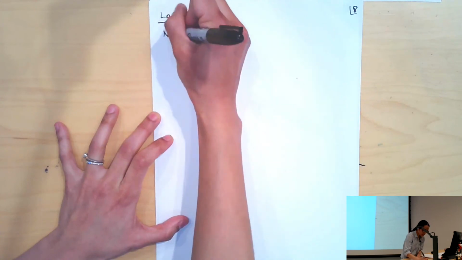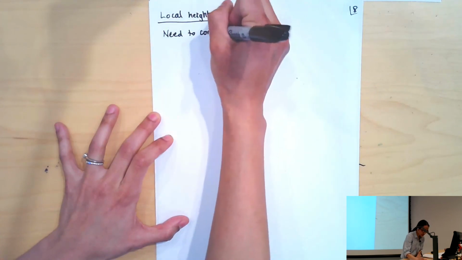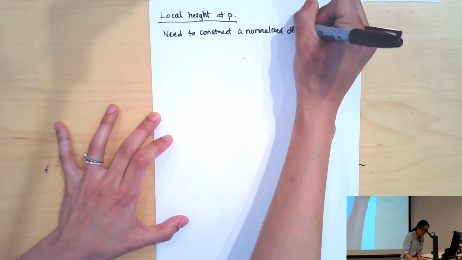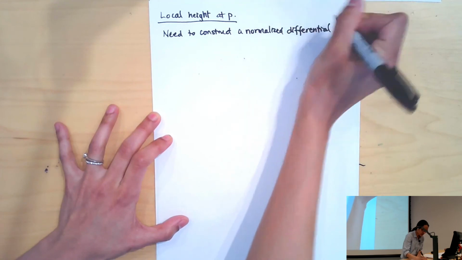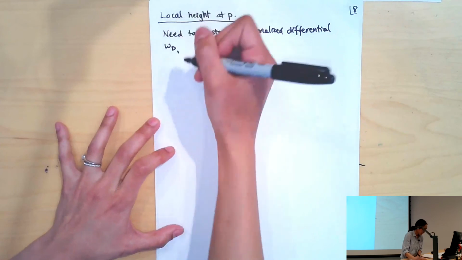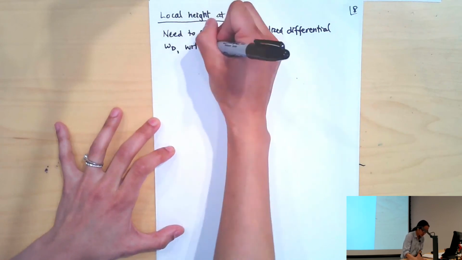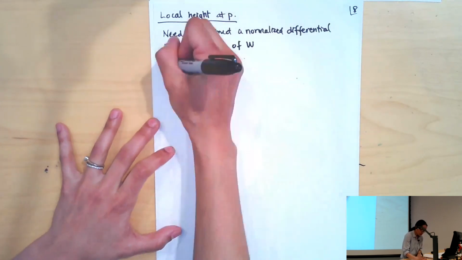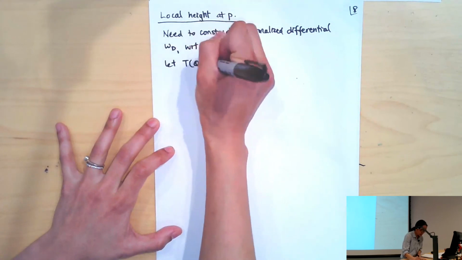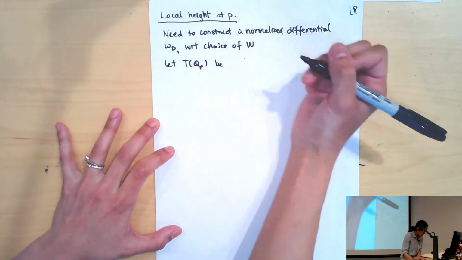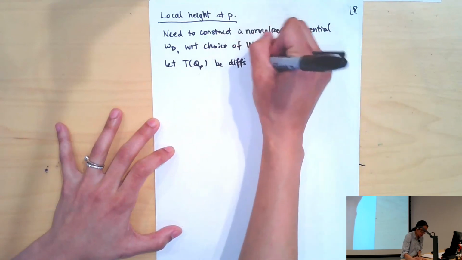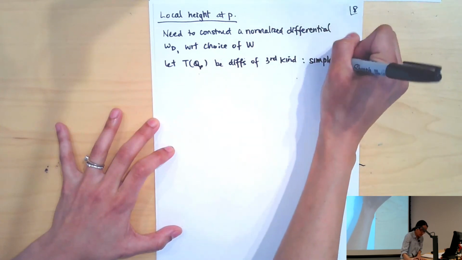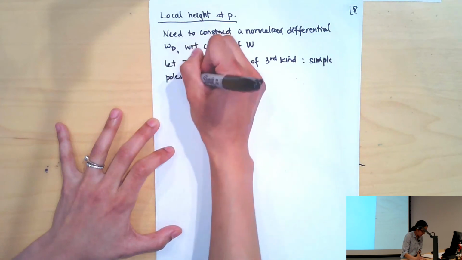So we need to construct a certain normalized differential omega_D1 with respect to our choice of this complementary subspace W. So we'll let T(Q_p) be our third kind differentials. Here I'll mean that I want simple poles and integer residues.